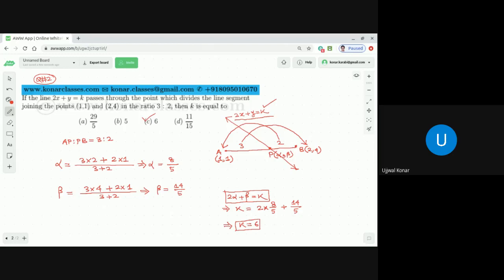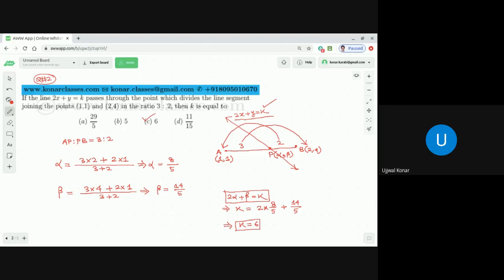That means instead of x we can replace x by the x coordinate of the point through which the straight line is passing, and we can replace y by the y coordinate of that point.